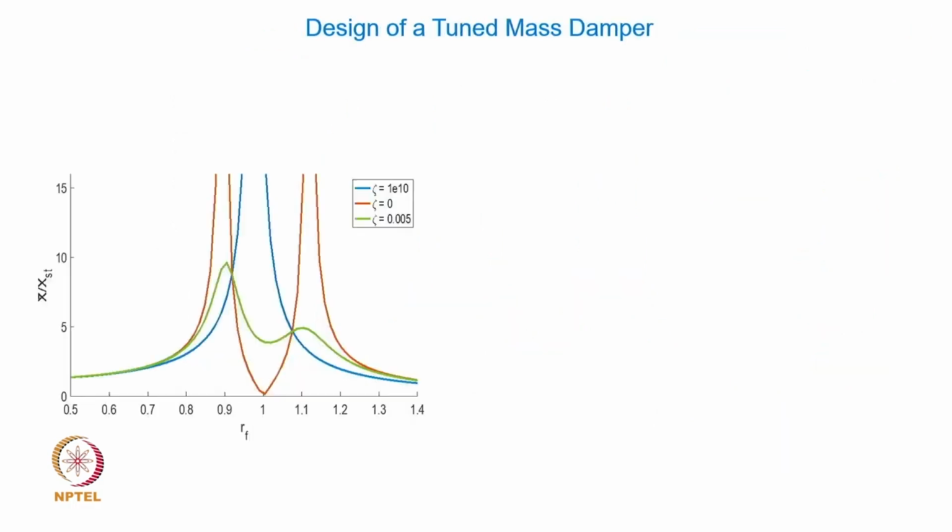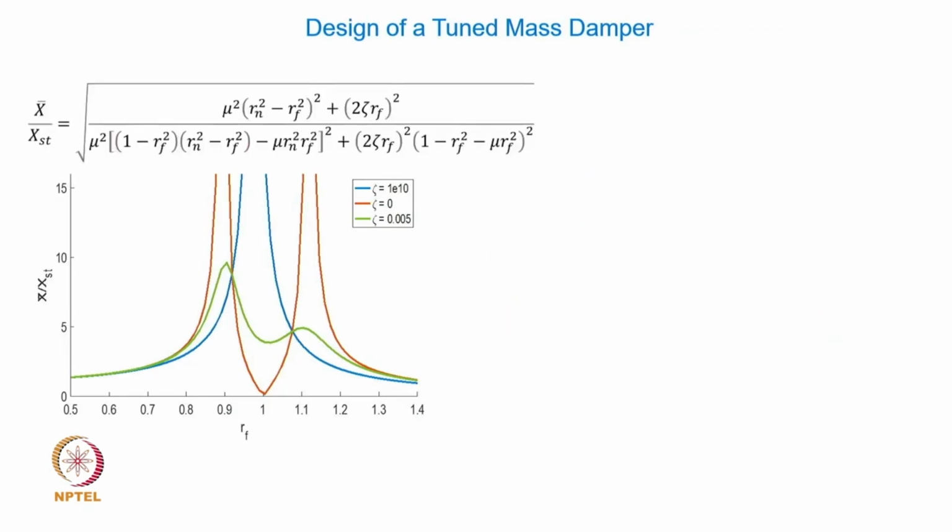Okay, how do we select or design the parameters? This is the equation that we have already obtained in the initial solution process. Now we will start from here and gradually look at the expressions for the natural frequency ratio and the optimum damping.